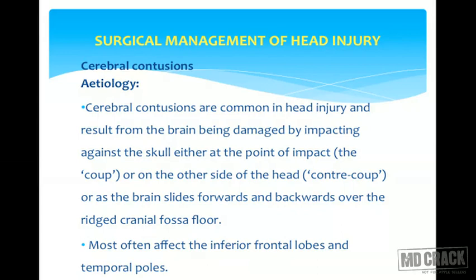So we'll see etiology. The cerebral contusions are common in head injury and they result from brain being damaged by impacting against skull either at the point of impact, that is called as coup, or on the other side of the head, that is called as counter coup, or as the brain slides forwards and backwards over rough cranial fossa floors.